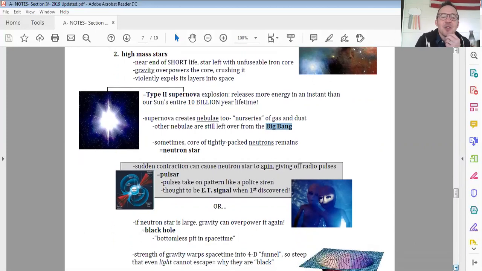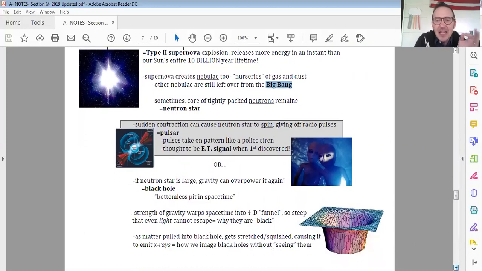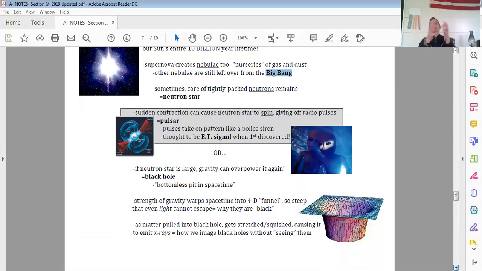Or, last thing we're going to talk about today, if gravity tips the seesaw one more time and implodes the neutron star, that's where we get the mysterious, the powerful black holes, essentially bottomless pits in space-time. At the lower right, if we could imagine Albert Einstein's four-dimensional space-time and actually see it with our eyes, this, everybody, is what a black hole would do to the fabric of outer space.